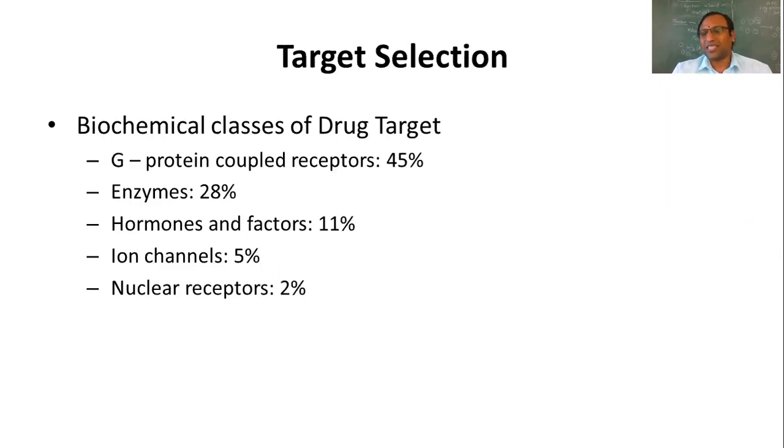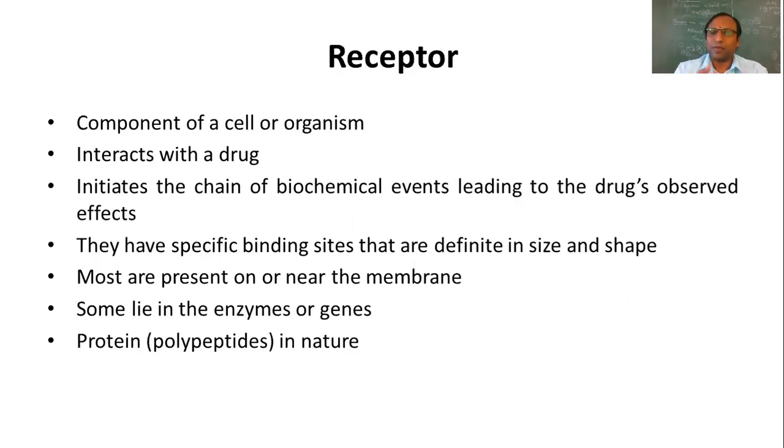In the drug selection process, if you see the biochemical classes of the drug targets, they are divided into different percentages: G protein coupled receptors 45%, enzyme linked or enzyme coupled reactions 28%, hormones and factors 11%, ion channels 5%, nuclear receptors 2%.